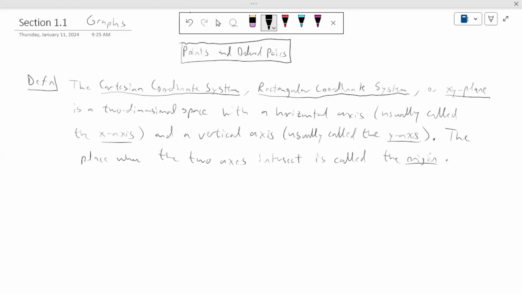Origin. All right, good. So now that we have that, what does it mean to be a point? A point, let's say A, B, where A and B are real numbers.